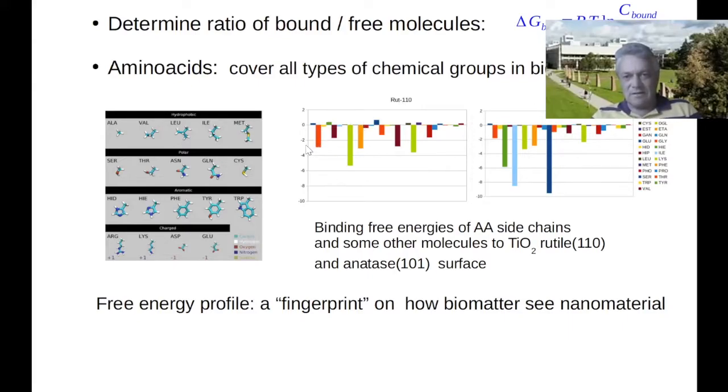We see that such a free energy profile can be seen as a fingerprint of how biomatter sees the nanomaterial, because this set of molecules includes all important chemical groups: hydrophobic, polar, charged, aromatic. So we have this full set of data, and we can hope that it can be predictive of some toxic effects.